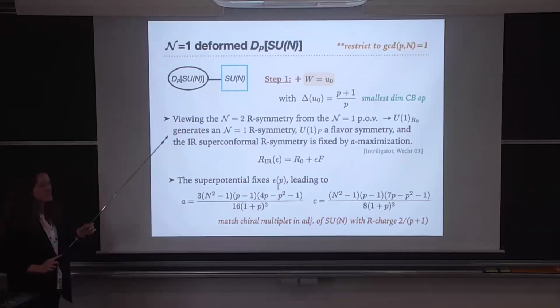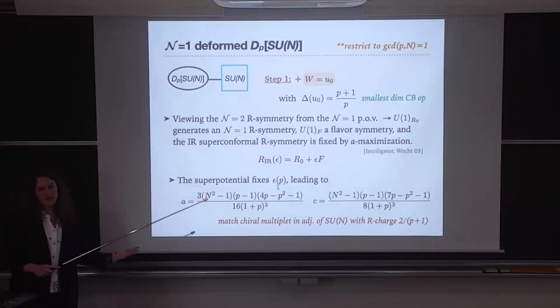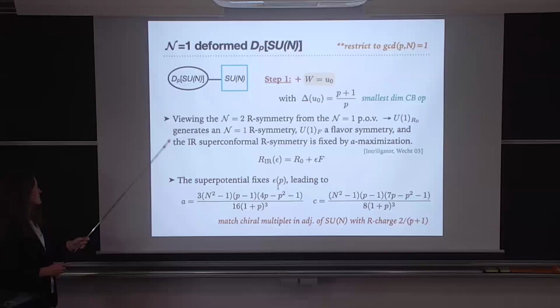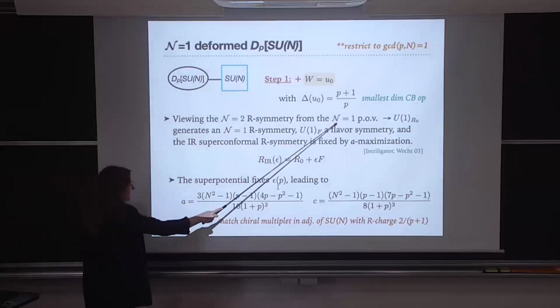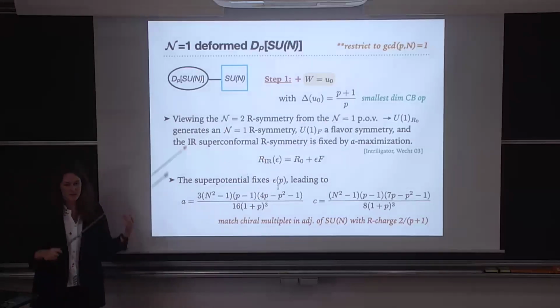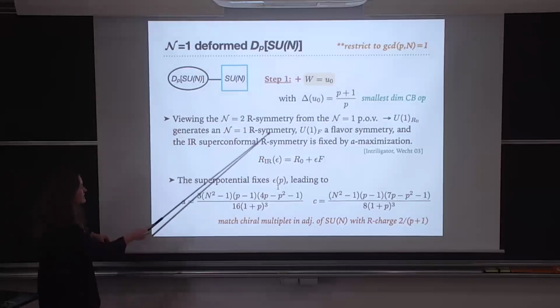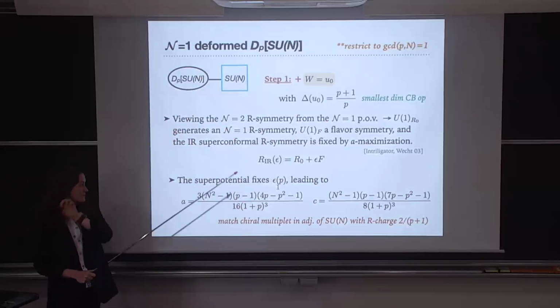So I can see what happens when I add this deformation. The first thing to check is, what is the superconformal R symmetry at the putative new fixed point? And so this you can check. Basically, what you do is you view the N equals 2 R symmetry of the Argyres-Douglas theory from the N equals 1 point of view. It involves two U1 symmetries, where one of them generates the N equals 1 R symmetry, and one of them generates a flavor symmetry from the N equals 1 point of view.